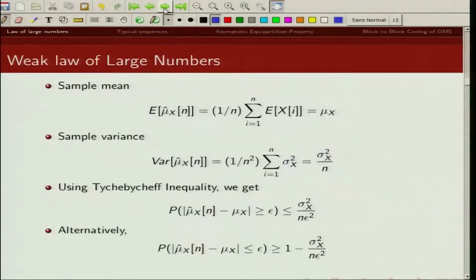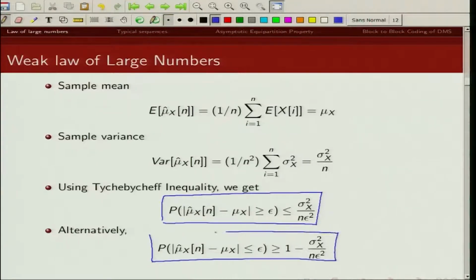Now the same thing I can write in this particular form. The probability that the absolute difference between mu hat of x and mu x is less than or equal to epsilon is then greater than or equal to 1 minus sigma x square by n times epsilon square.